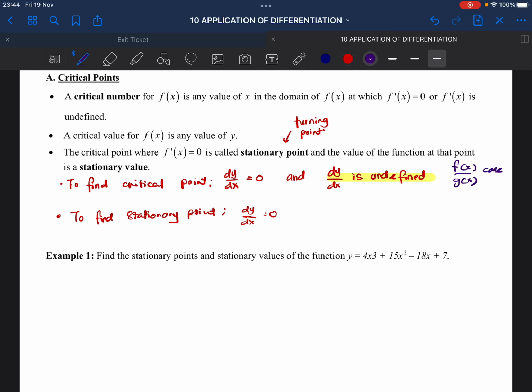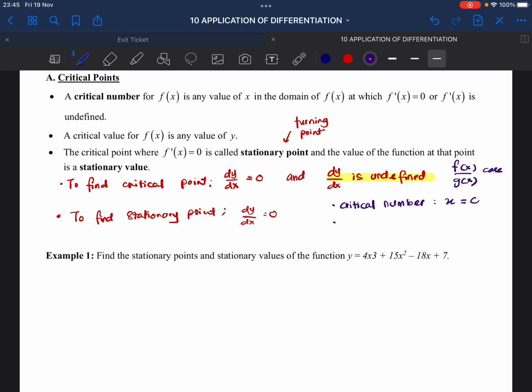Now let's see the difference between critical number, critical value and critical point. Critical number: you have dy over dx equals to 0 and then you find the value of x, which is x equals to, let's say, a constant c.